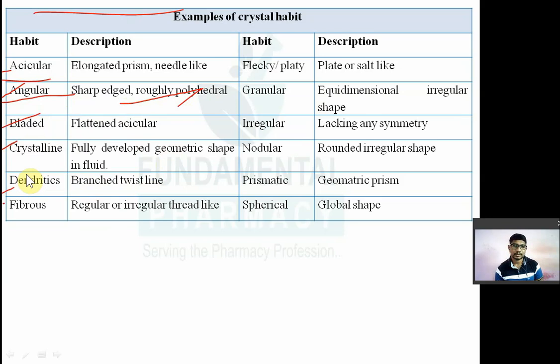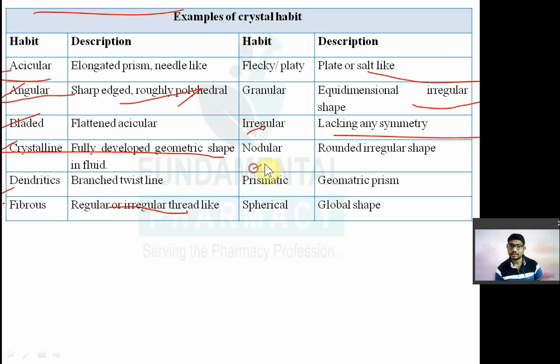Crystalline means fully developed geometric shape. Dendrites means branched crystalline. Fibrous means regular or irregular thread-like structure. Then flaky or platy means flakes or plates. Granular means equidimensional irregular shape. Then irregular means lacking any symmetry.